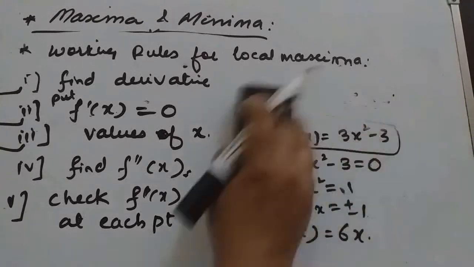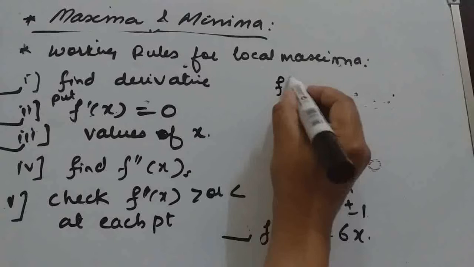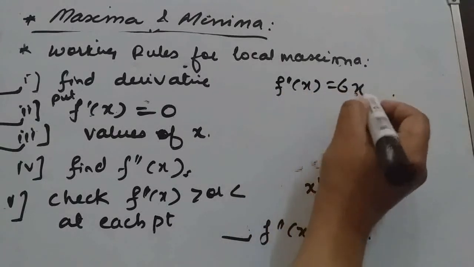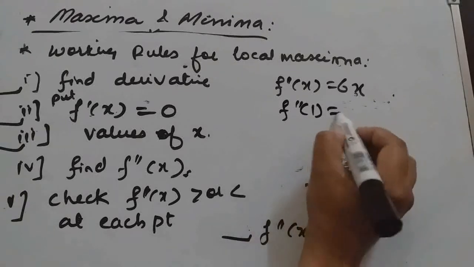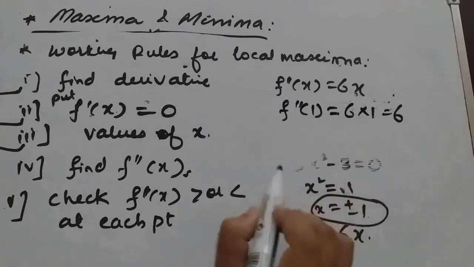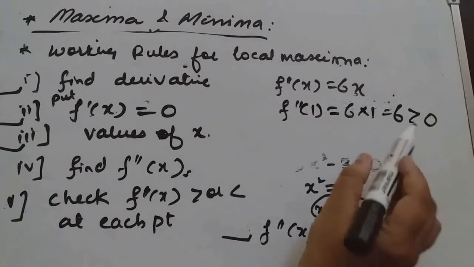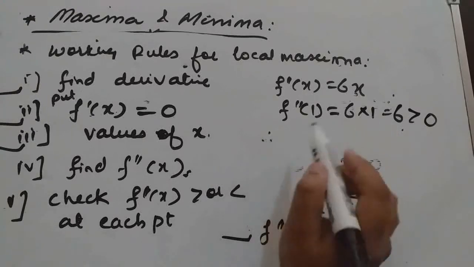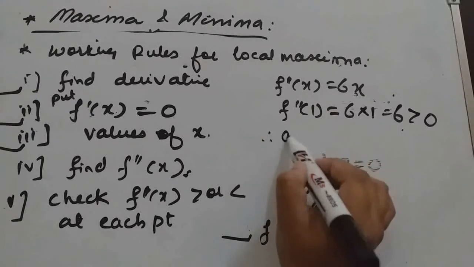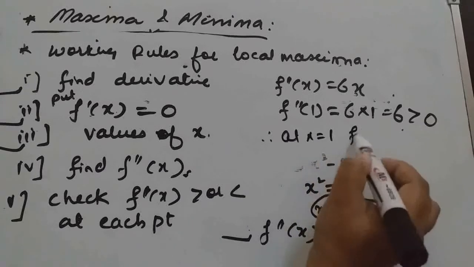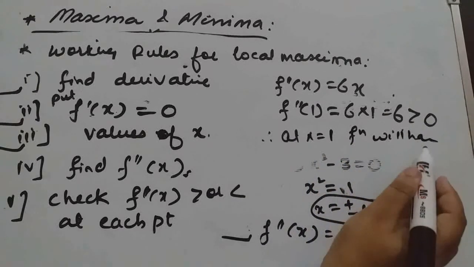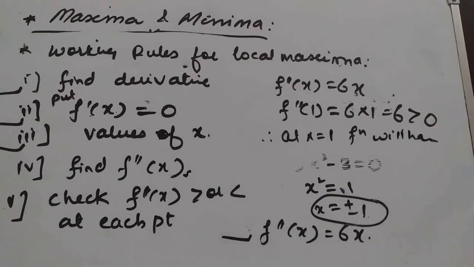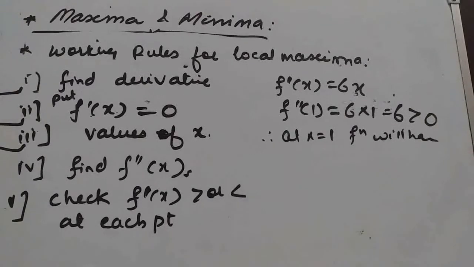So f double dash at 1, 6 into 1, that is 6. So positive, so we can say that at x equal to 1 function will have minima, local minima.